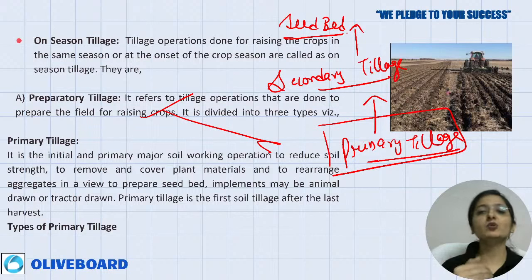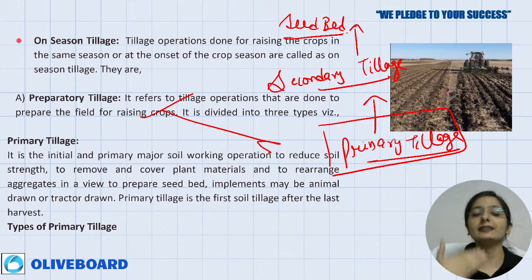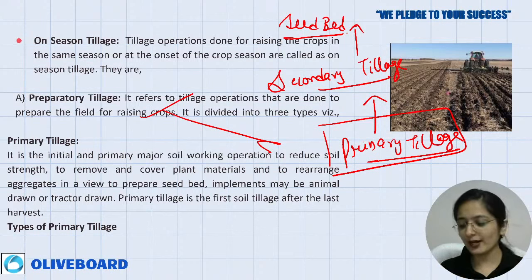Right, now moving to primary tillage. When I talk about primary tillage basically, the term itself says when you are at the initial stage, right? So when you are at the initial stage, what I mean by it?